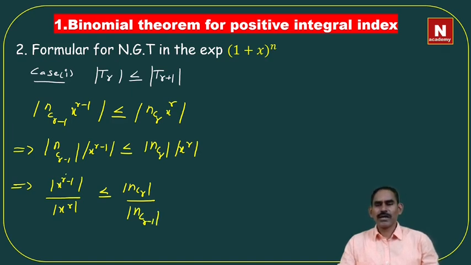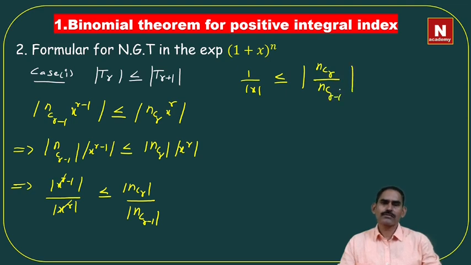Now here x^r gets cancelled. We have 1 by x power minus 1, that means 1 by modulus of x. That is finally 1 by modulus of x is less than or equal to, we can write in single modulus, nCr by nC(r minus 1). This implies 1 by modulus of x is less than or equal to nCr by nC(r minus 1), whose formula is (n minus r plus 1) by r.